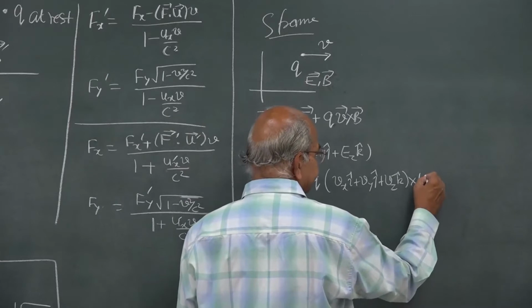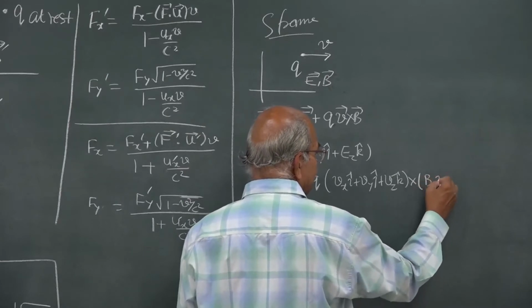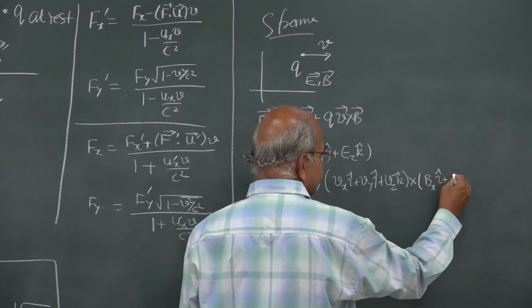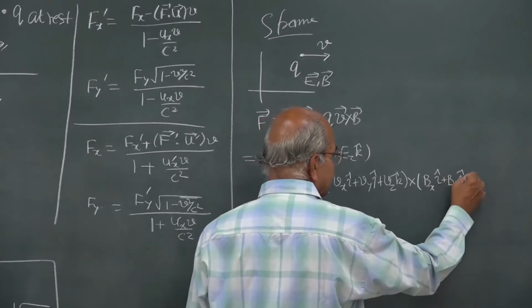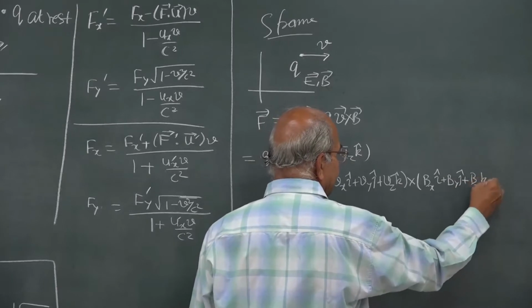B is Bx i cap plus By j cap plus Bz k cap.